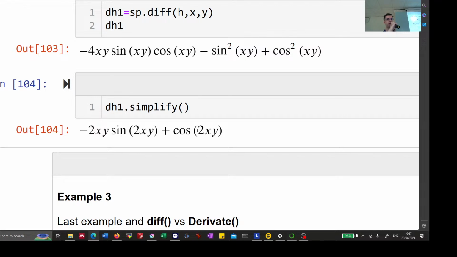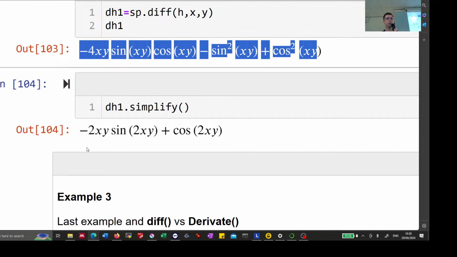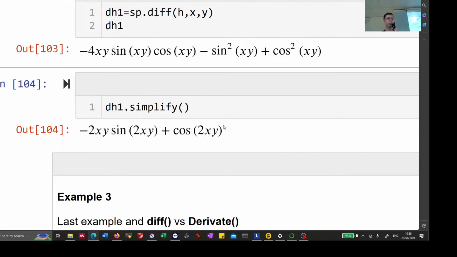Can you see it actually? There are two squares and there's a sine cosine mixed term. Do you know how to go from here to here?